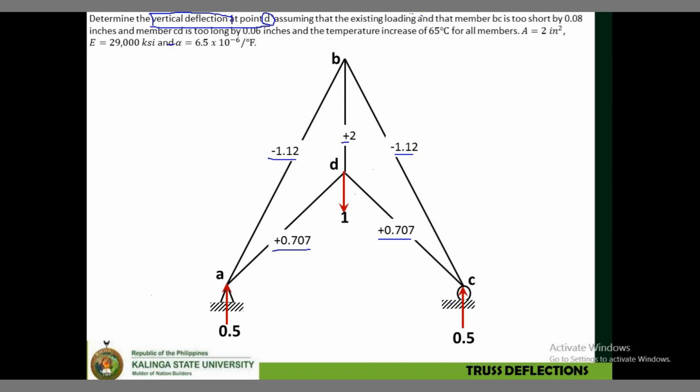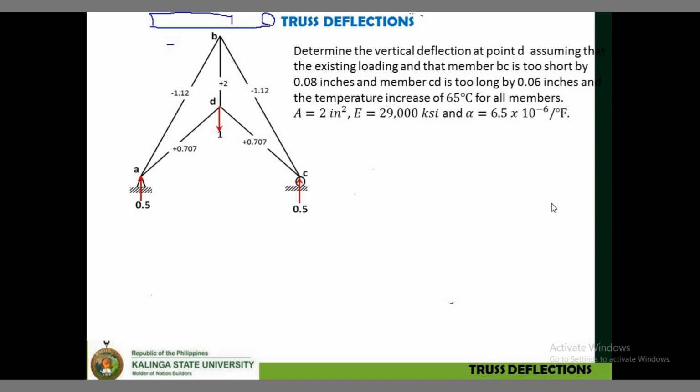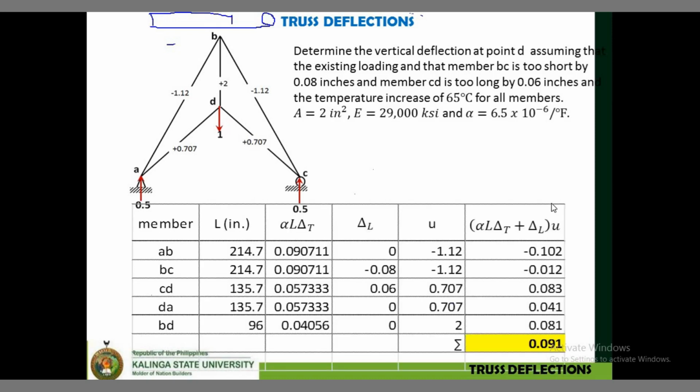So after na nakuha natin yung ating mga values for each member, para yung ginawa natin in problem number 1, we'll try to input these values on a table. So, originally, yan yung forwarded problem. Kapag ilalagay ko na siya sa table para mas madali yung aking analysis. Saan ko nakuha itong length?